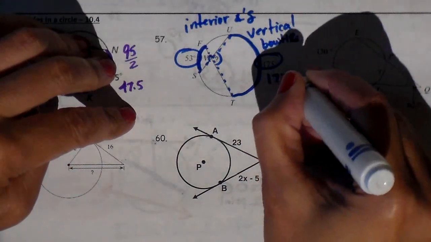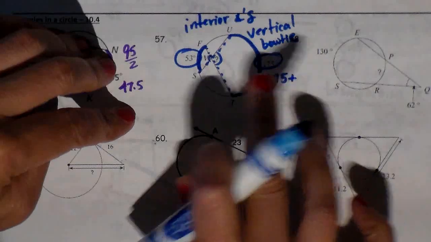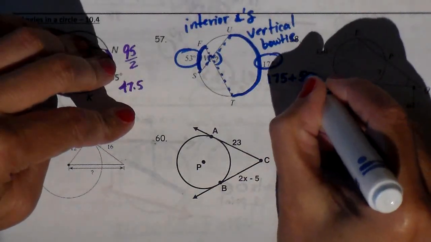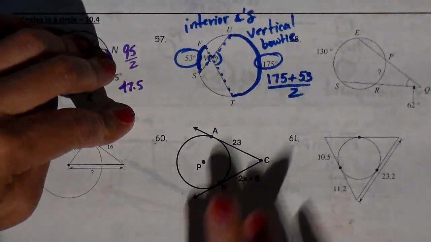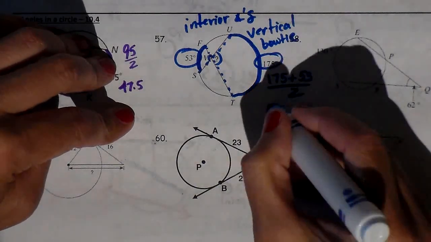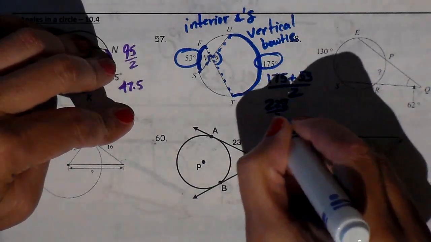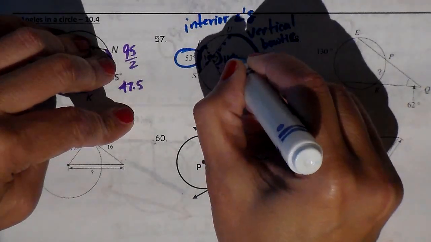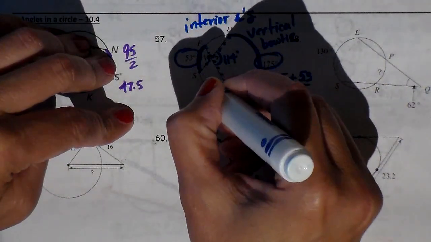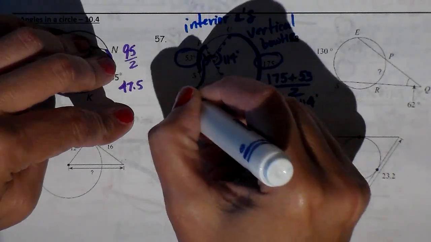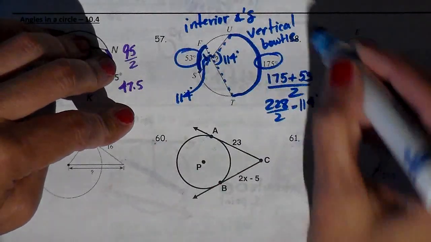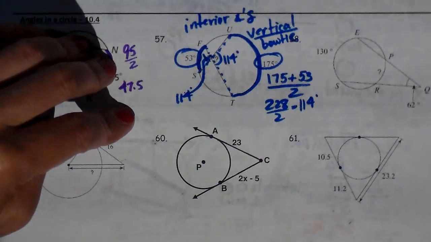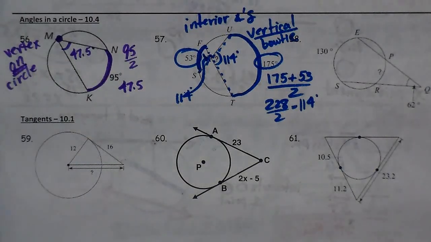So I'm going to take 175 plus 53 and divide by 2. So I get 228 divided by 2, which is 114 degrees. So that means that both of these guys are 114. That one and V are both 114 because they are vertical, which makes them the same. So that's how you find that one.